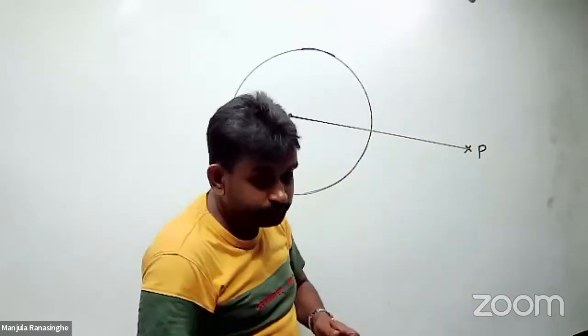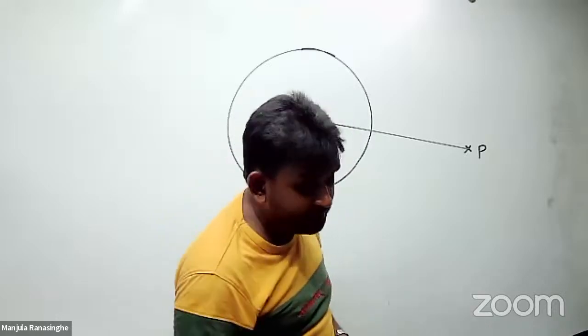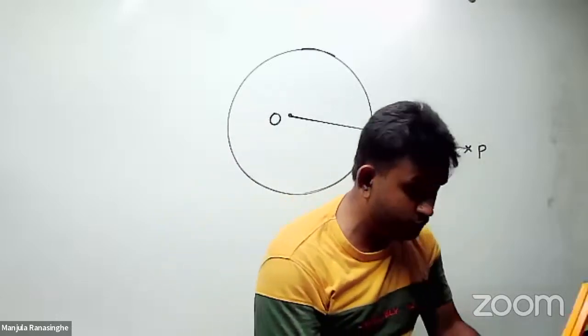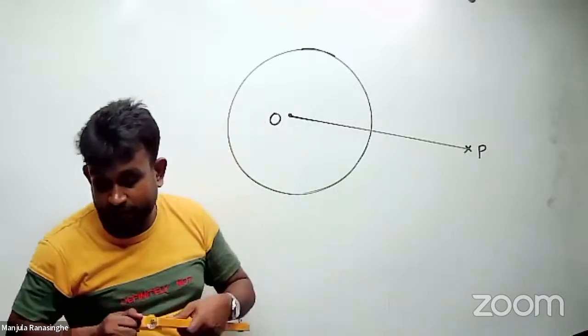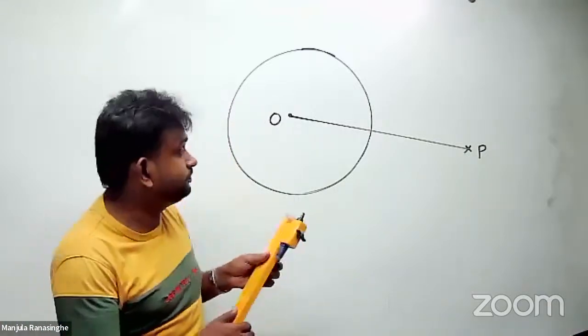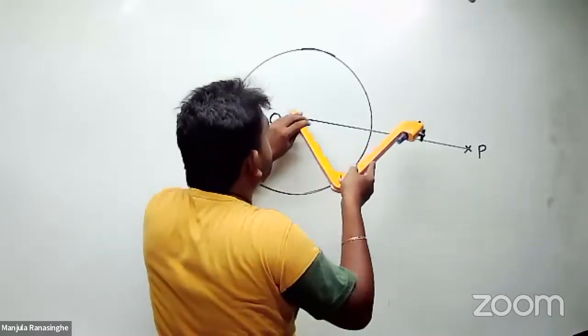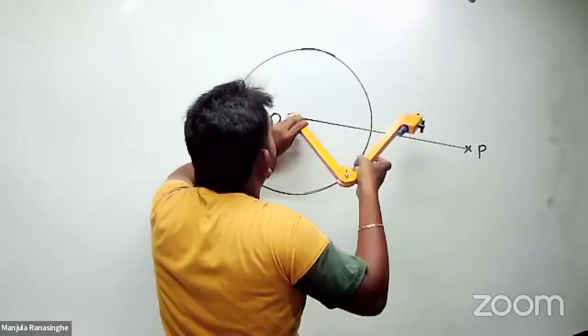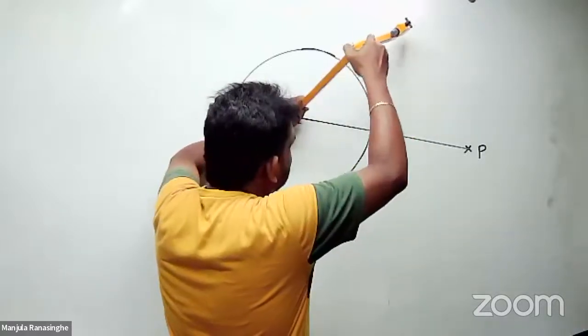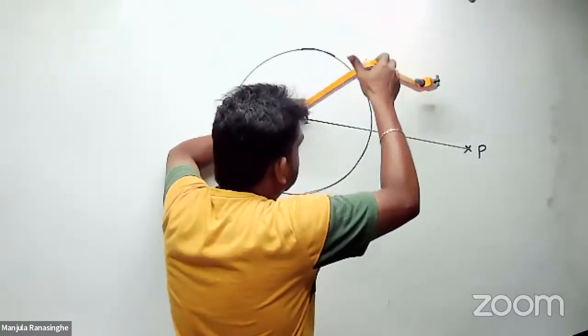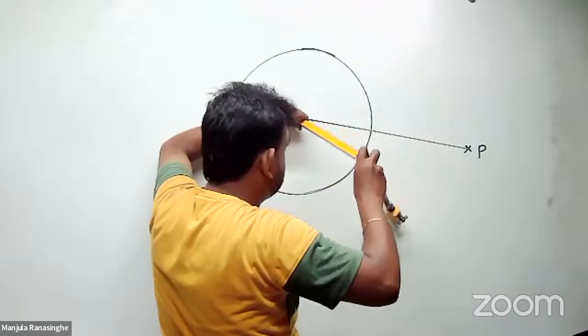Then draw the perpendicular bisector of this PO. This is how you draw a perpendicular bisector. You know that theorem.